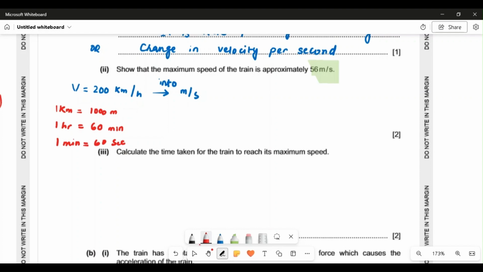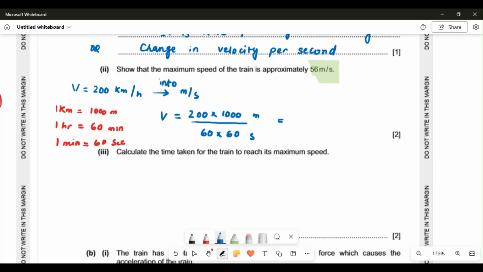So when I am moving to convert 200 kilometers per hour, I need to convert kilometers into meters. So I will just say 200 kilometer means 200 times 1000 meter, and 1 hour will be 60 minutes, and each minute into 60 seconds.